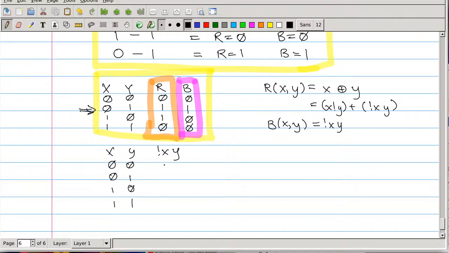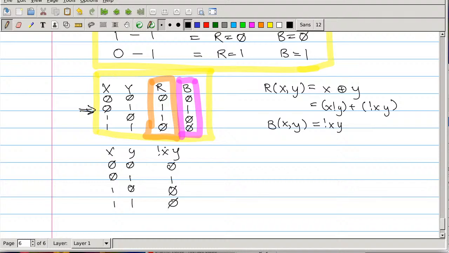On the first row, since x is a 0, not x is going to be a 1, but y is a 0, so the whole thing boils down to a 0. On the second row, x is a 0, not x is a 1, y is also a 1, so we have 1 and 1, which is 1. On the third row, y is a 0, so we know the whole thing is going to be a 0. On the last row, x is a 1, so not x is going to be a 0, so the conjunction is going to be a 0.